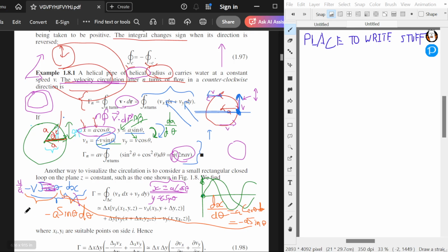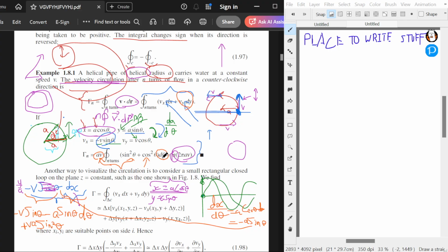And we still have these, so it's minus v sine theta. You join these up, you get minus va sine squared theta, which, well, minus and minus is a plus, accounts for this term here. And I trust that if you do the same thing with vy dy, you'll get av cos squared theta.